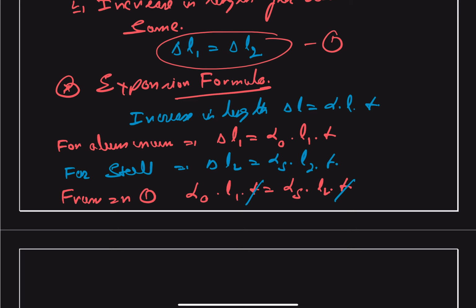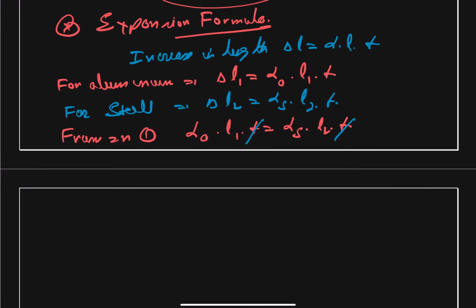So we get alpha A multiplied by L1 is equal to alpha S multiplied by L2. And next we can find the ratio. So from here we can say that L1 upon L2 will be equal to alpha S upon alpha A.